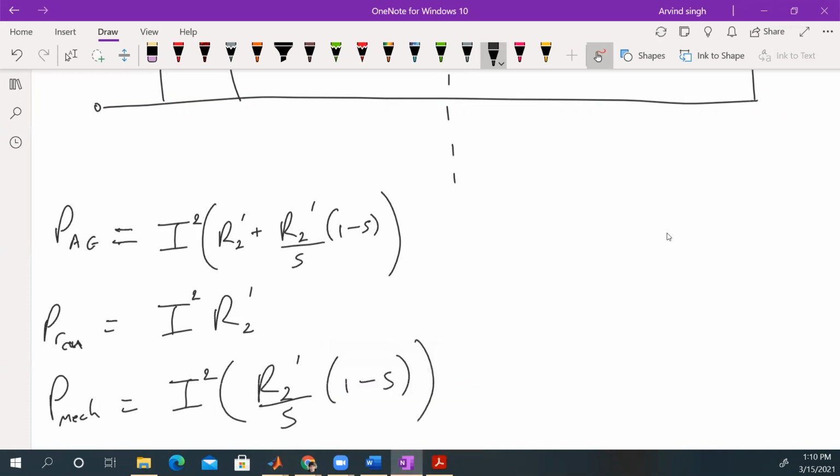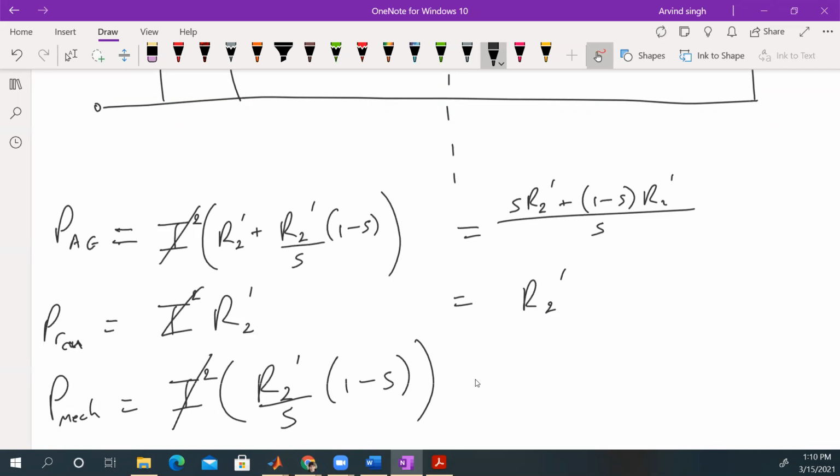So we could already see here, we just have to find the ratio of these things. So we could immediately see that we could simply get rid of these, right? Let's bring all of this to a single denominator. So this is S R2 prime plus 1 minus S R2 prime all over S. This is R2 prime, and this one is equal to R2 prime 1 minus S on S. Good.